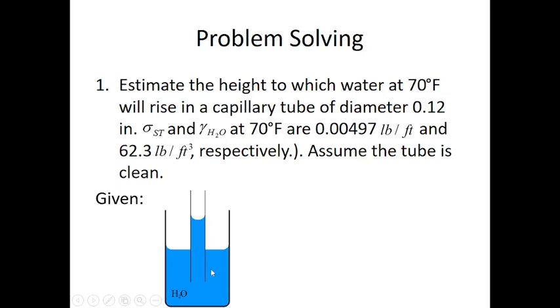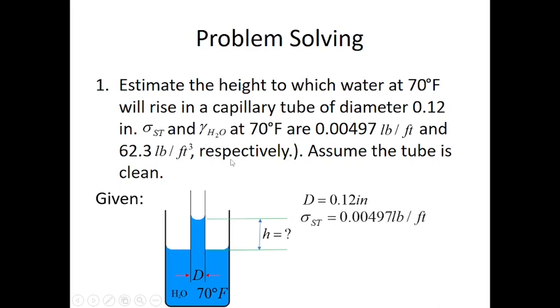So we have water and there is a tube, and there is a rise. Estimate the height to which water will rise. So this is now h, we're looking for h. At the temperature of 70 degrees Fahrenheit as mentioned in the problem, the diameter of the tube is 0.12 inch.